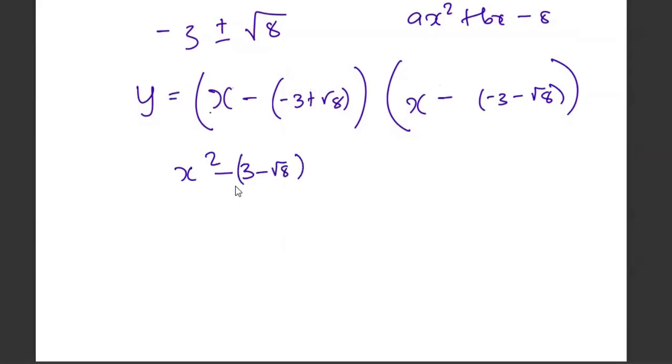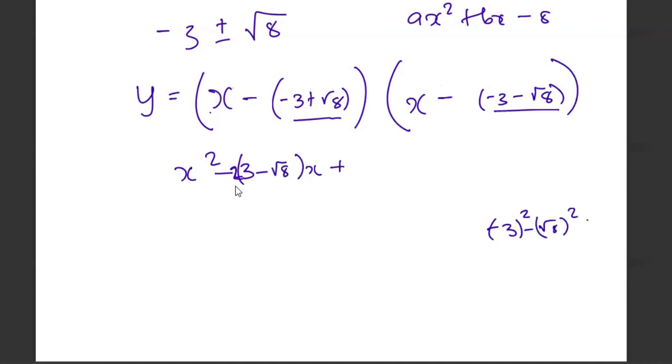This is x. This and that is going to be a negative. So which means I'll just say 2 because it's the same bracket, okay? And then plus, when I multiply this bracket and this bracket, it's like a difference of 2 squares, meaning that it's a negative 3 squared minus root 8 squared.